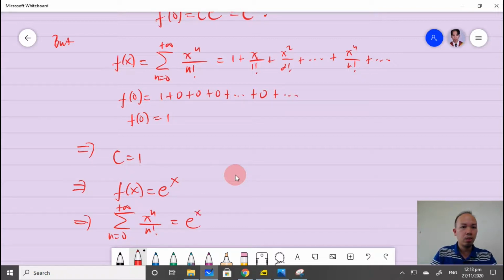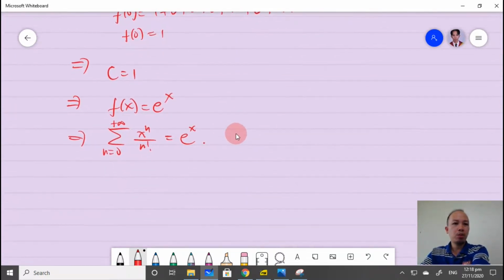Let's try to make it more beautiful. So we have shown that e to the x is equal to this series. And we know that for e to the x, the domain is the set of real numbers.